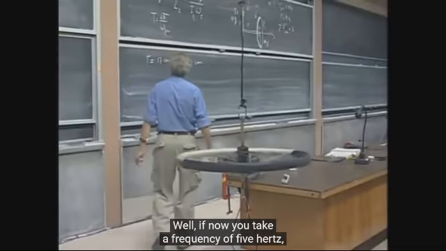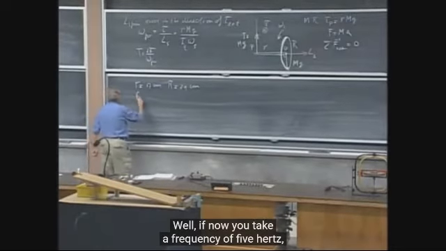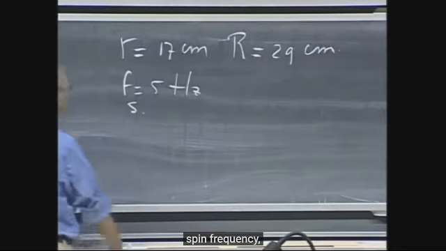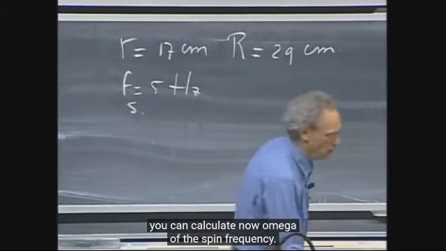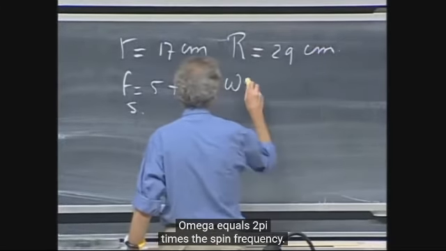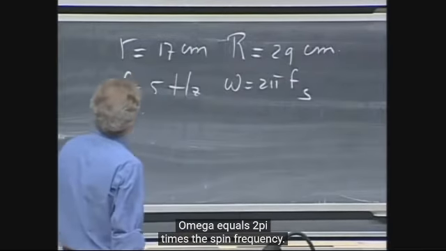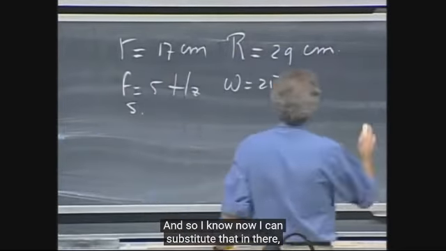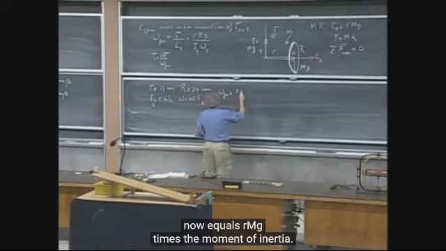Well, if now you take a spin frequency of 5 hertz, you can calculate omega of the spin. Omega equals 2 pi times the spin frequency. So I can substitute that in there. I get that omega precession equals Rmg divided by the moment of inertia times omega s.